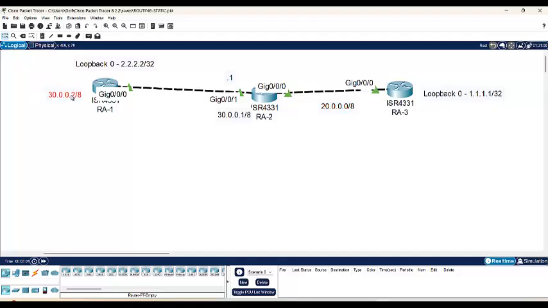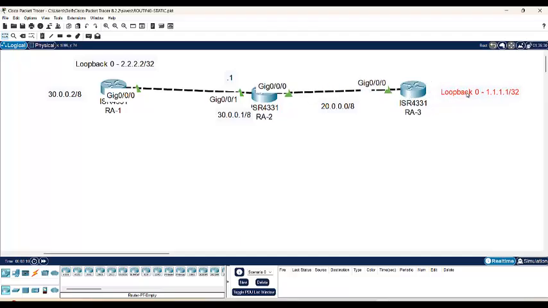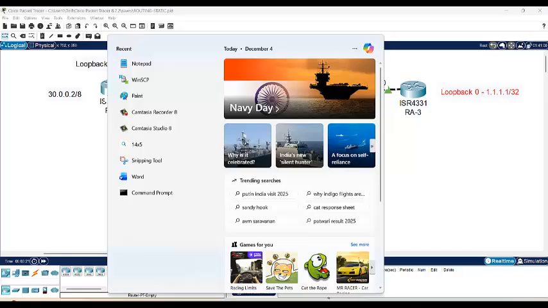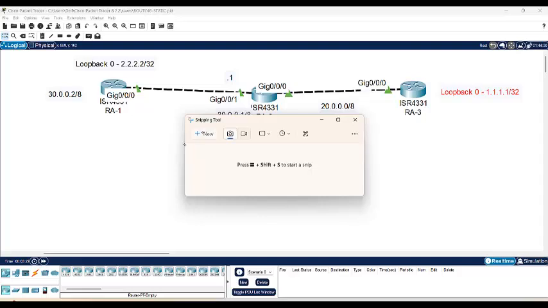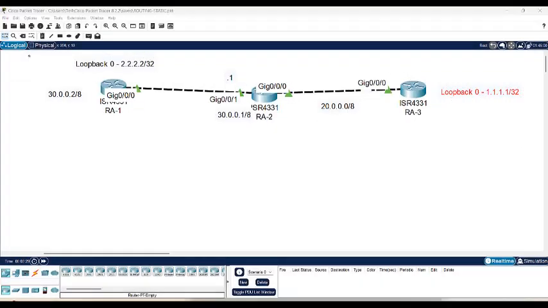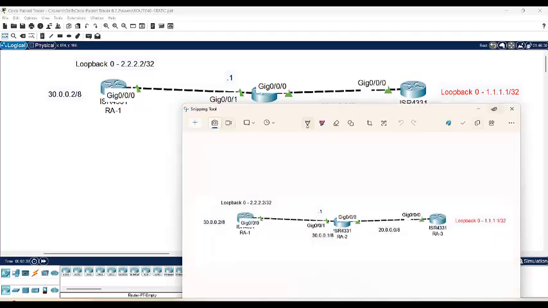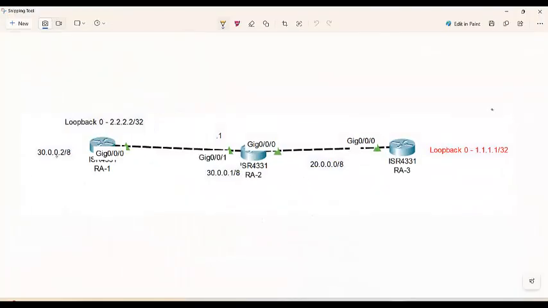So we write default route because this one and this one have only one direction to reach unknown destinations. Router A, if you take, knows about this 30 network, 30.2 is here, and knows about the loopback.